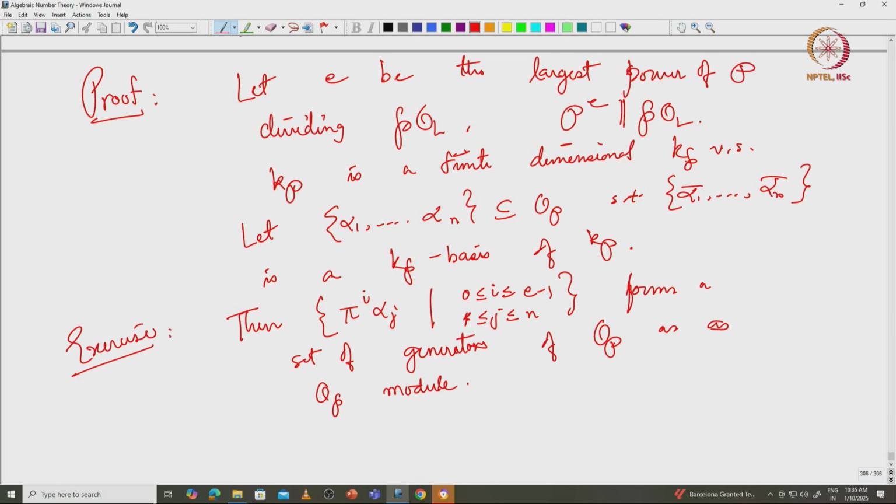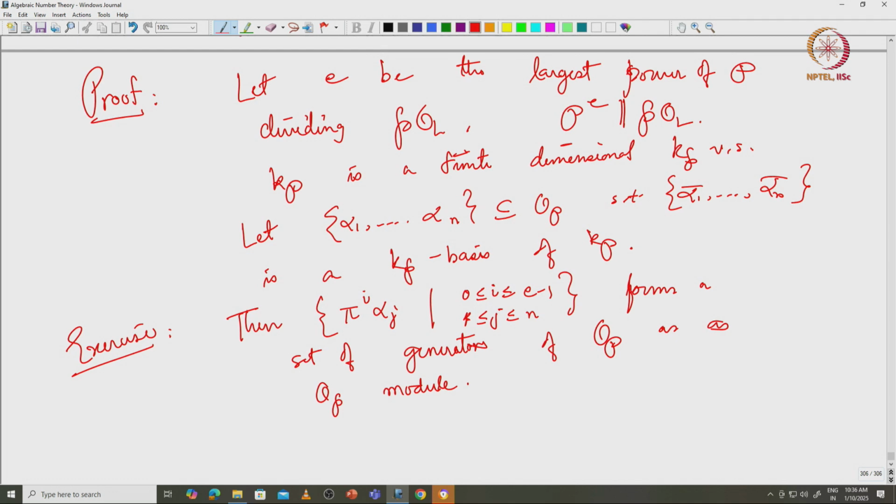If I take any element of O sub capital P, I can look at it mod small p to the power e, and then it is clear that I can write it as a linear combination this way, and therefore, up to an element of O_P, I get that this is a set of generators.